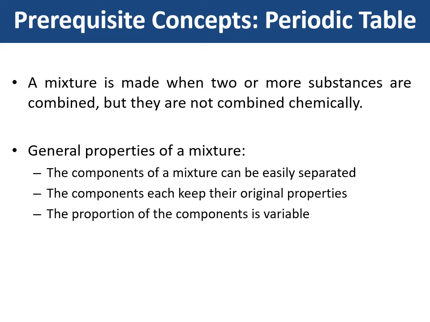Like for example, the mixture is sand in water. Diba? Yung sand, pwede natin siyang ihiwalay sa water using the process of filtration. Or, pwede natin siyang salain. Sa ganung pamamaraan, pwede nating maihiwalay yung components of a mixture.